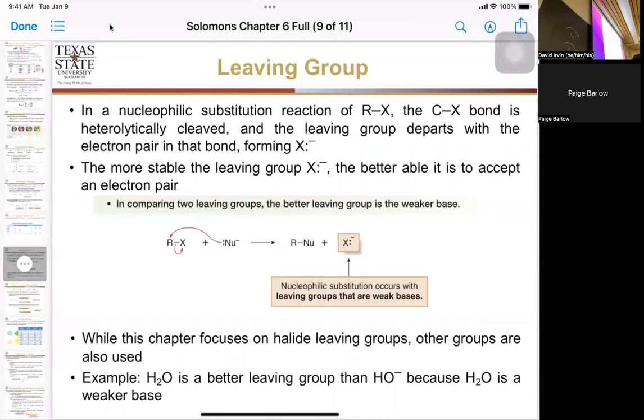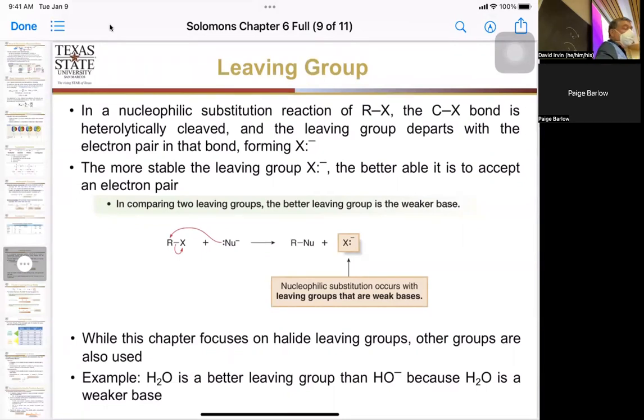The leaving group has to be a weaker base than what we attacked with. There's one exception to that, but we'll talk about that. We're going to talk about halogen leaving groups, but we can actually use a bunch of different leaving groups. In chapter 7, we're going to learn that we can use water as a leaving group. But we're going to use halogens for this chapter just to make sure we understand the mechanism first.